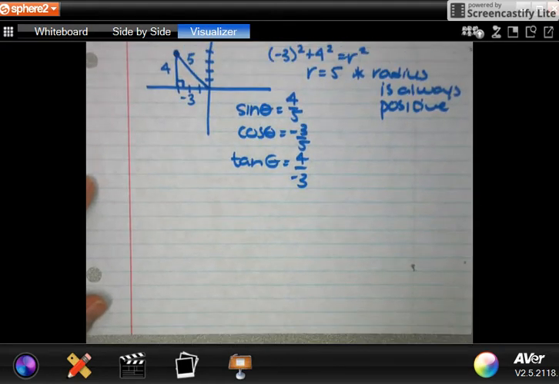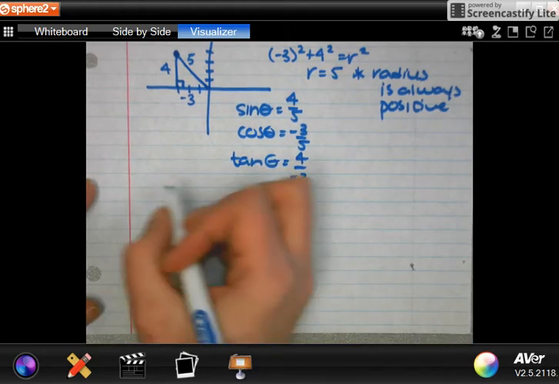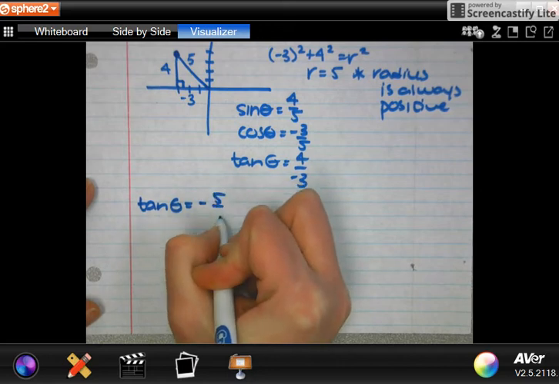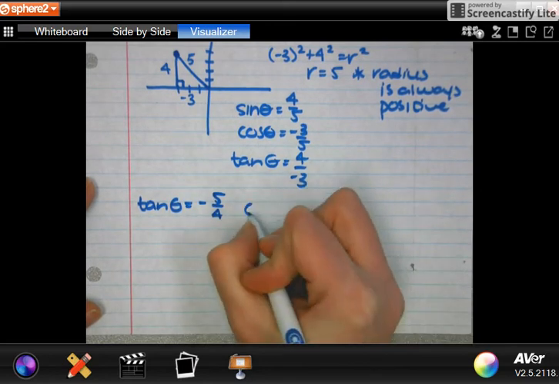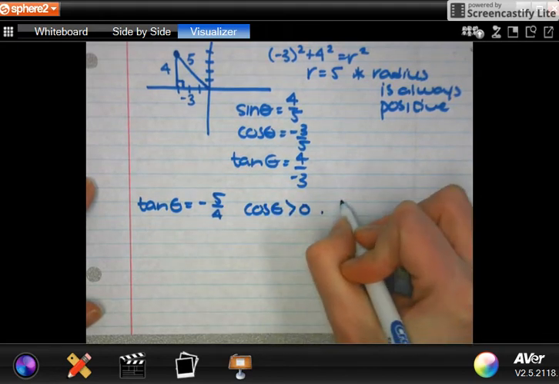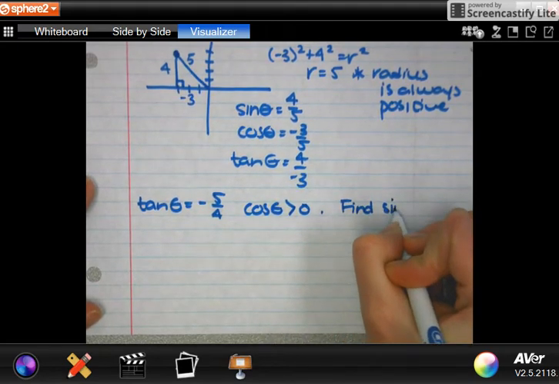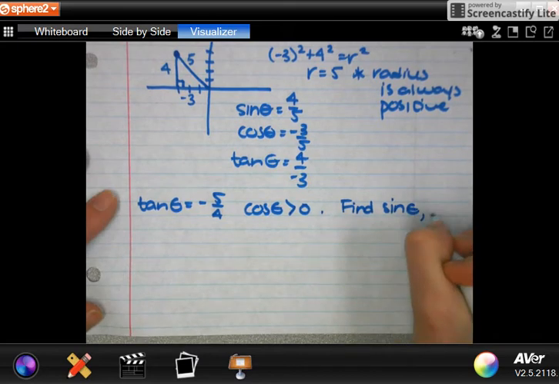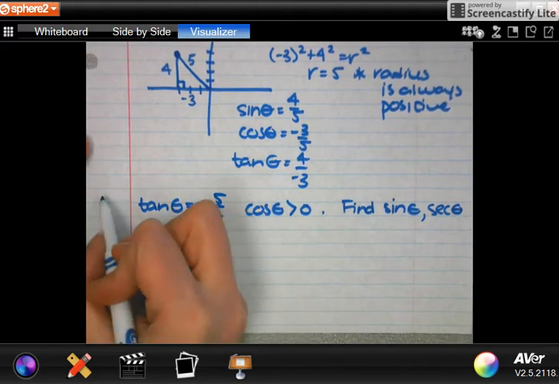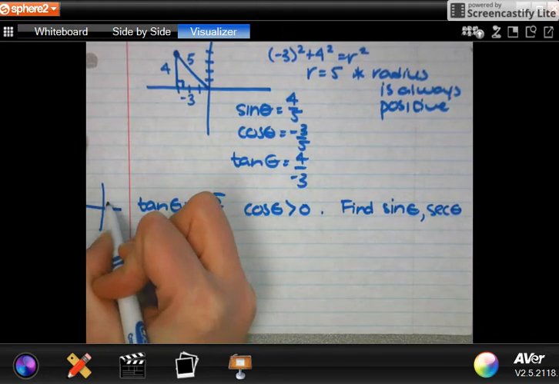So in this next example, we're given that tangent is -5/4 and that cosine is greater than 0. What we want to try to do is find sine and secant of that angle. So the first thing I want to do is figure out what quadrant I'm in, and I can kind of do that by process of elimination.